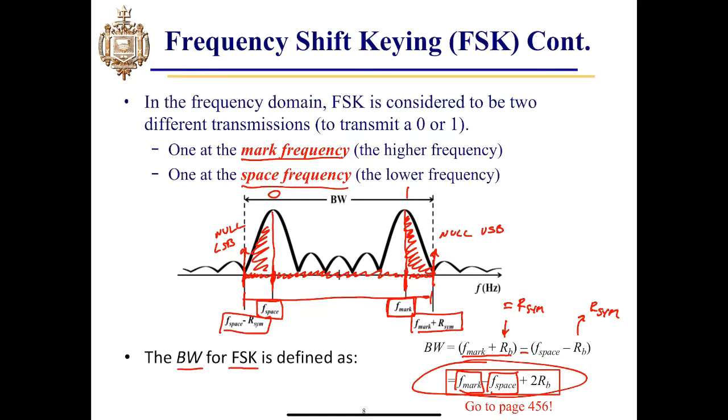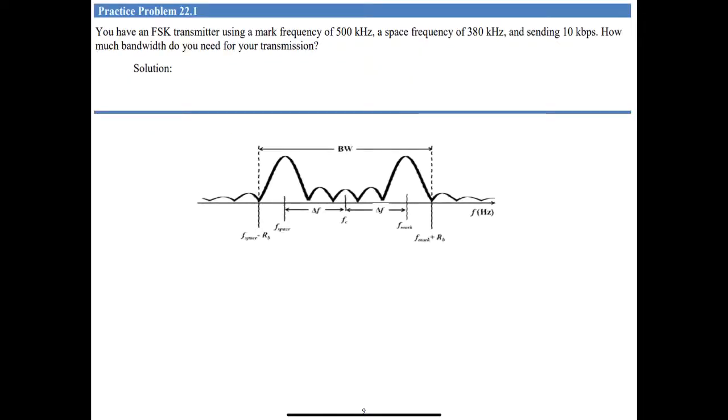If you go to page 456 of your notes, there's a list of all of the bandwidth equations for the different modulation types. This is just the first one we're going over, FSK. Here's a quick practice problem, 22.1.